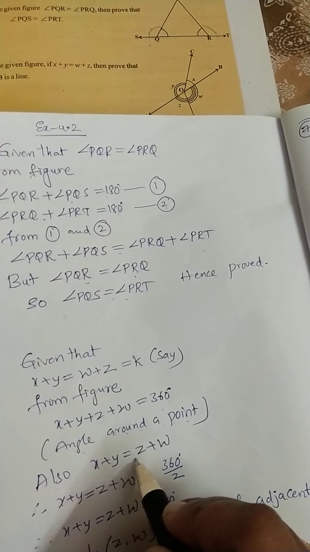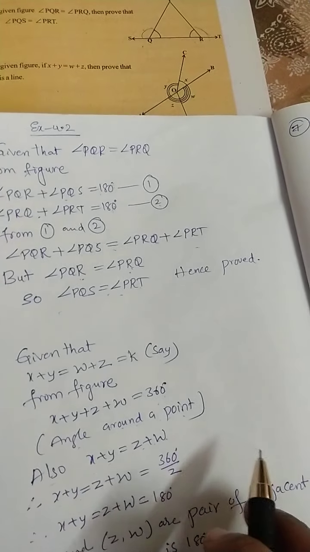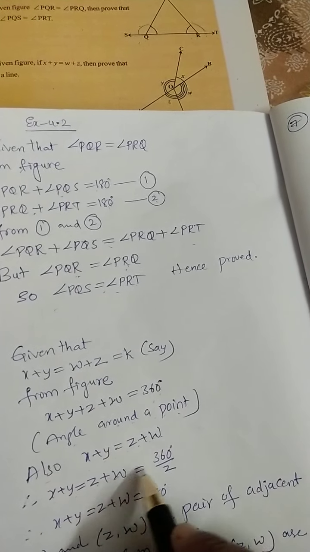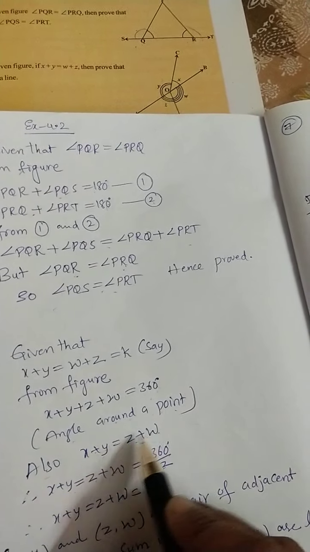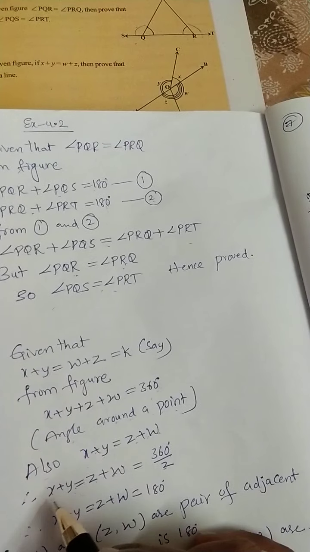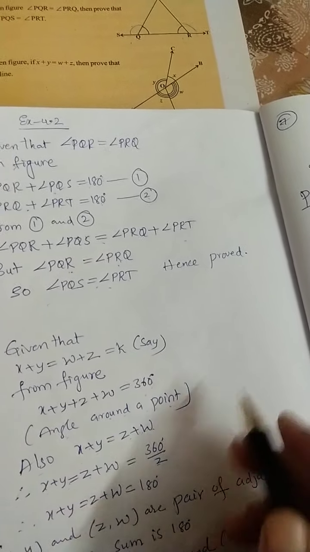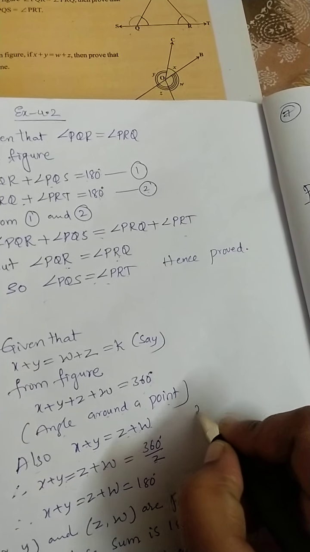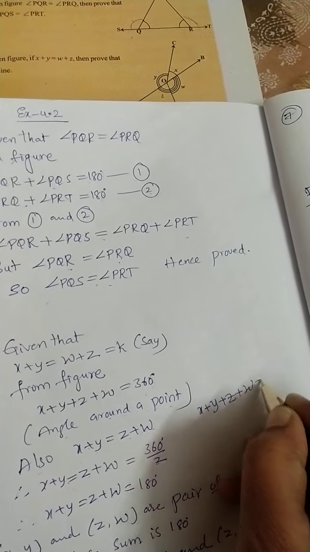Also, x plus y is equal to w plus z means that x plus y is equal to w plus z is equal to 360 by 2. Why? Because these two are equal. So 2 times x, 2 times y also we can consider. Taking 2 common, 360 by 2 will come. Actually x plus y plus z plus w is equal to 360.